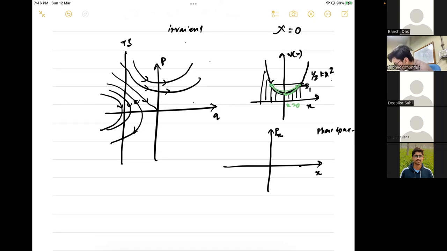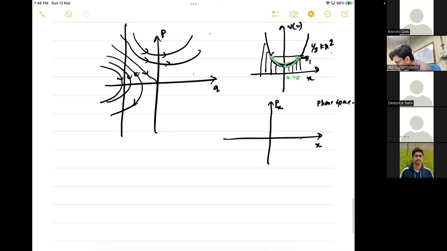Now in the phase space, let's start from this point. What does the trajectory look like? It will go like this. Momentum is negative and the speed is increasing, so the momentum magnitude is increasing while the x value is decreasing. Then at x equal to 0, the momentum is maximum because the speed is maximum.